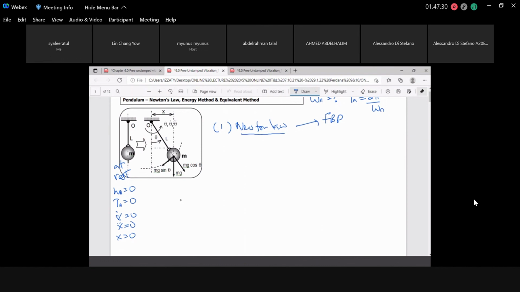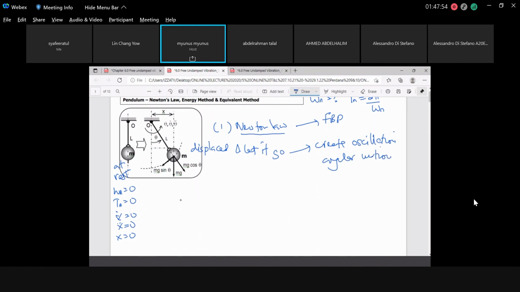Then you have omega n when you displace it and let it go. It will be oscillating. This is angular motion, oscillating from the extreme high to extreme low, and so on.